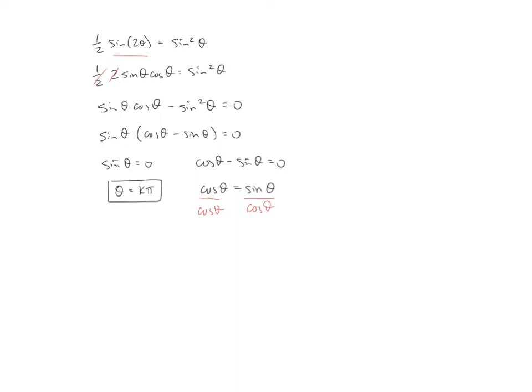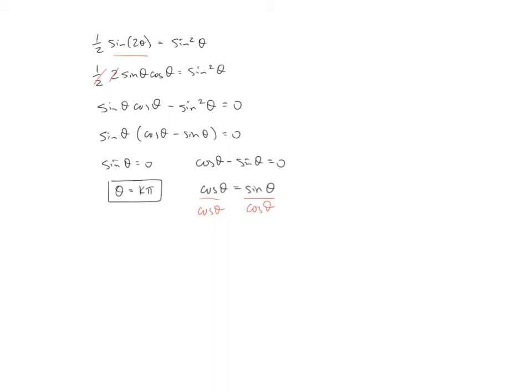Now, the reason why this is possible is because I know that when cosine equals sine, that's never going to be when cosine is 0. So when I divide by cosine, I'm 100% certain I'm not dividing by 0.